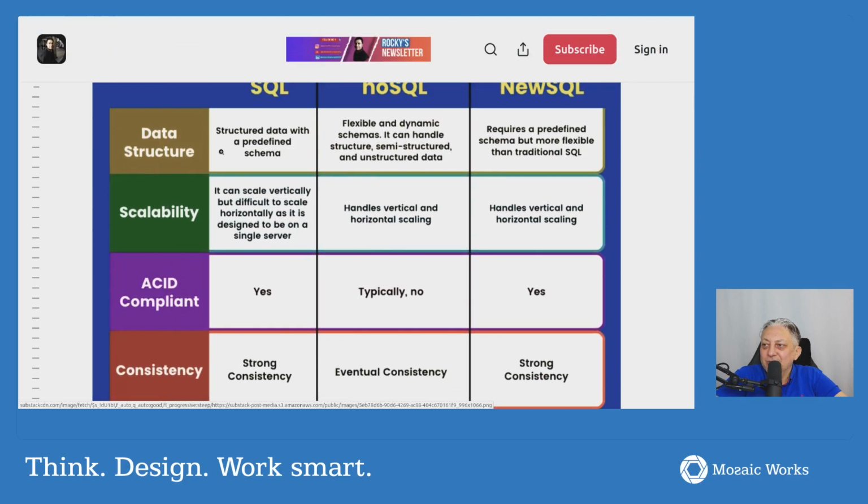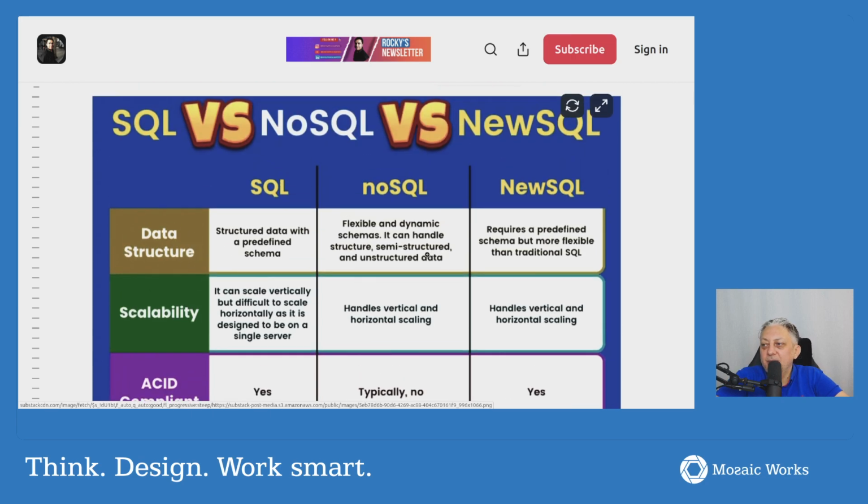So SQL data structure is structured data with a predefined schema. NoSQL, flexible and dynamic schemas. You can handle structured, semi-structured, and non-structured data. I kind of like this about NoSQL. So if you have a bunch of CSV files of different types that you want to load into a database and then search based on various criteria, that's a good way.